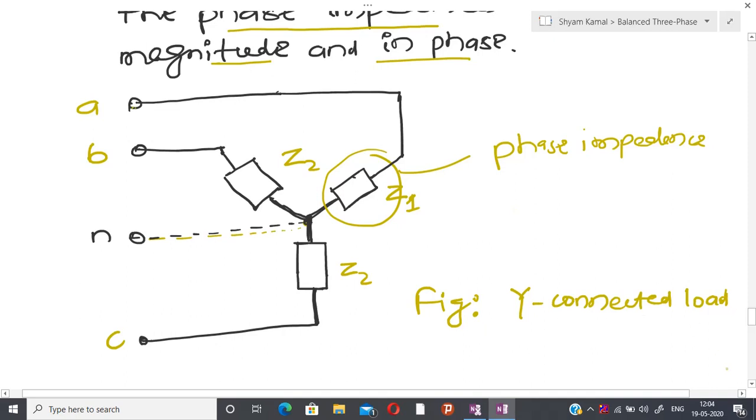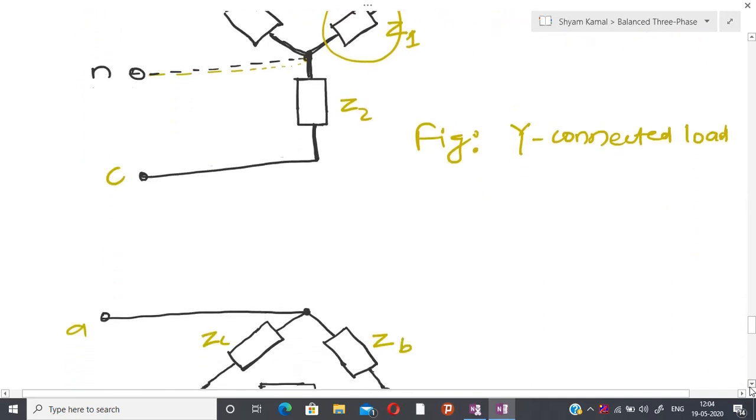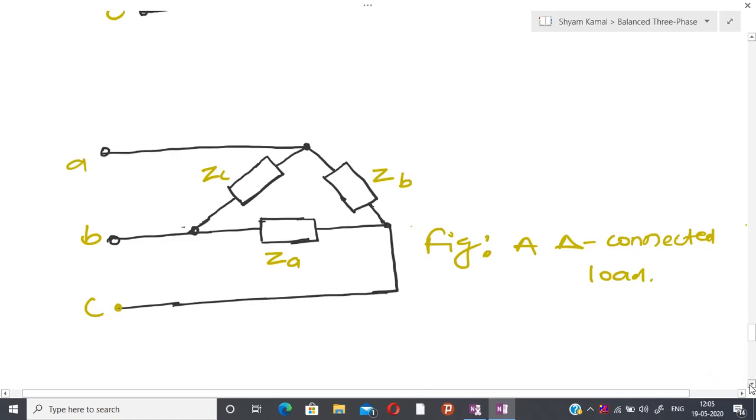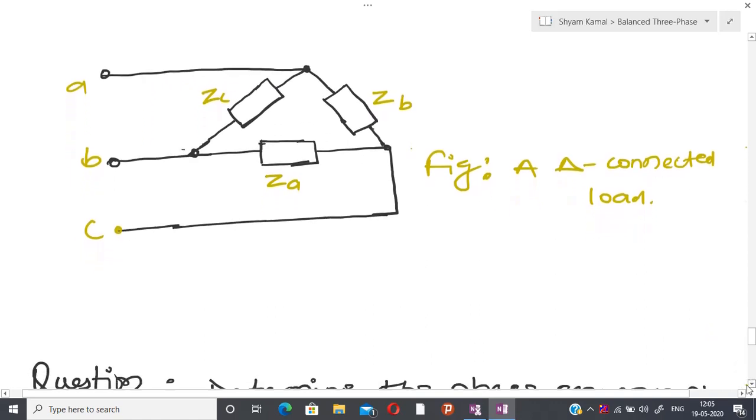And similarly in case of delta I am talking about line voltage, so here I am writing the line impedance. That is the similar kind of terminology people are using. So now at least I hope that you are able to understand the terminologies.